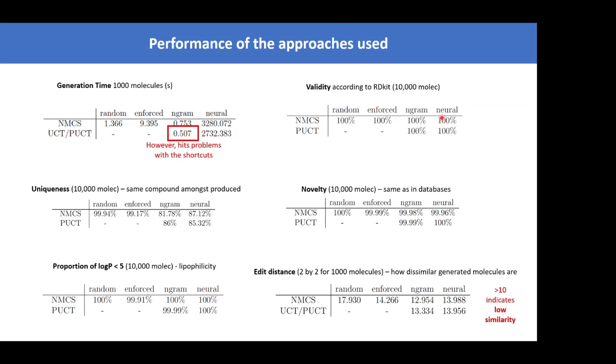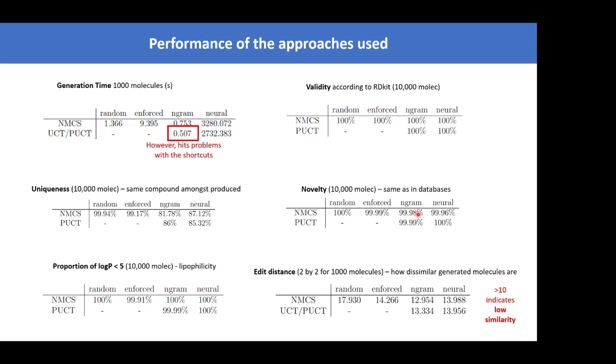So in terms of validity, the nested Monte Carlo Tree Search gave 100% valid molecules, which is far higher than anything that was published so far. Most compounds are unique, so you don't get the same compound over and over when you generate 10,000 molecules.